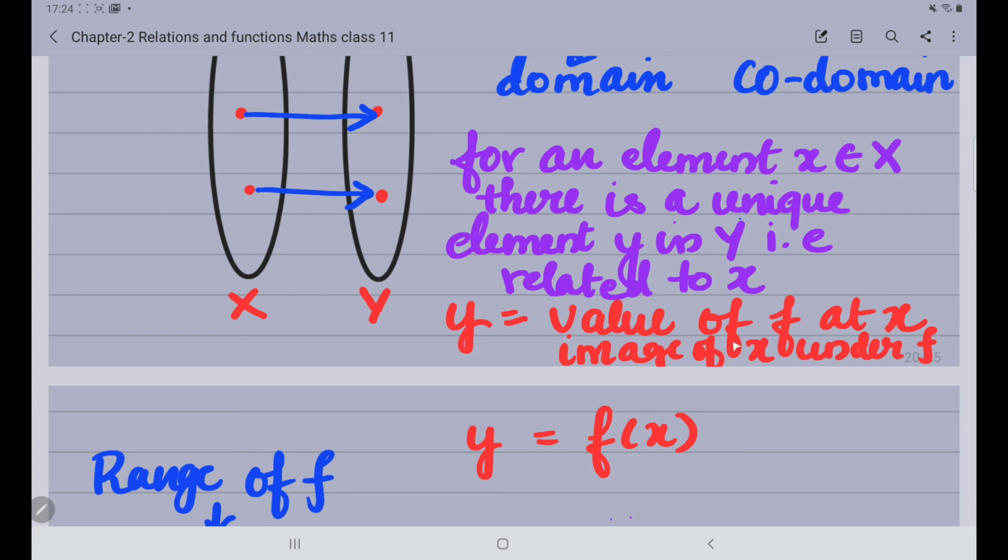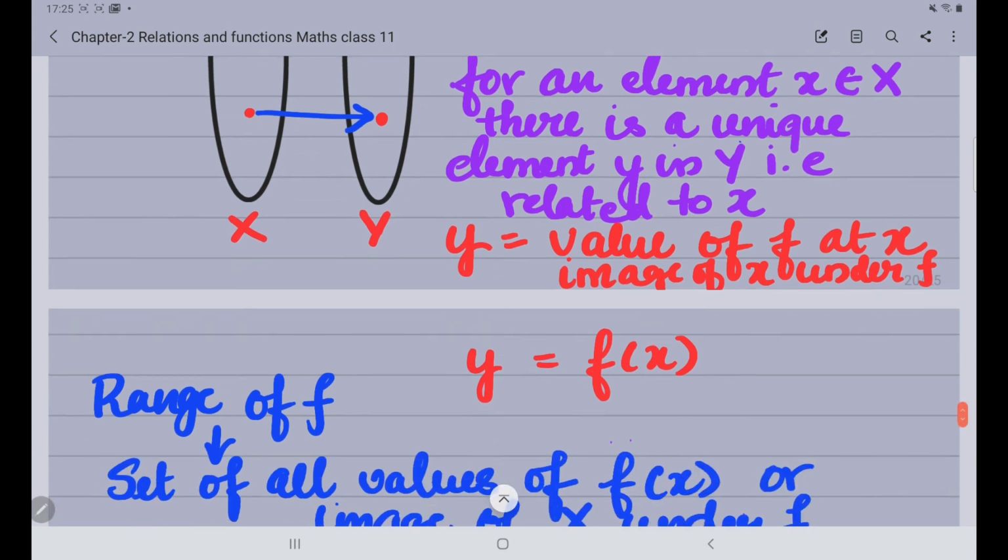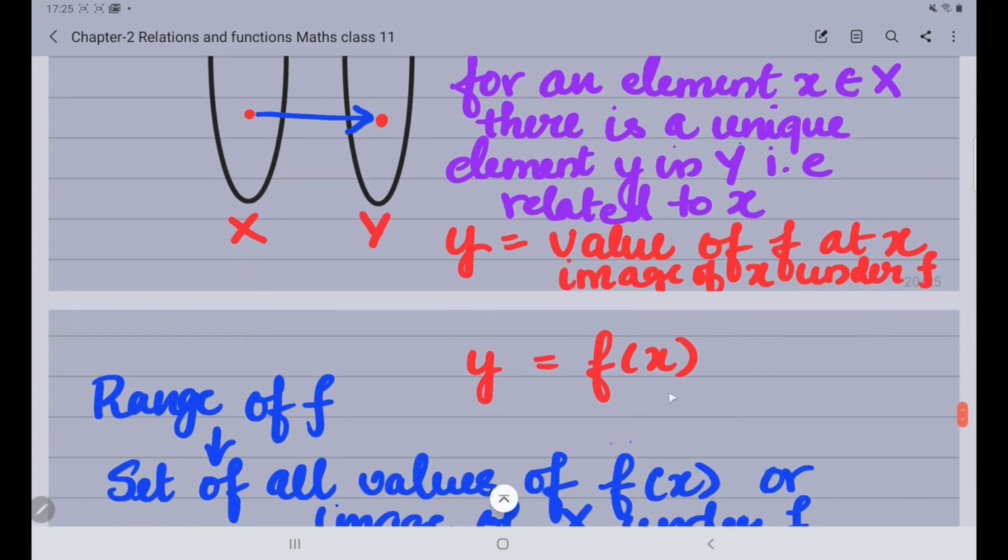It can also be said as the image of x under f, or you can simply represent it as y is a function of x. I hope it's clear. Don't worry about this. You will understand this more through functions and while doing practical sections on it.